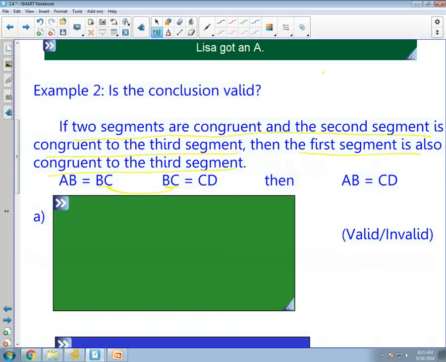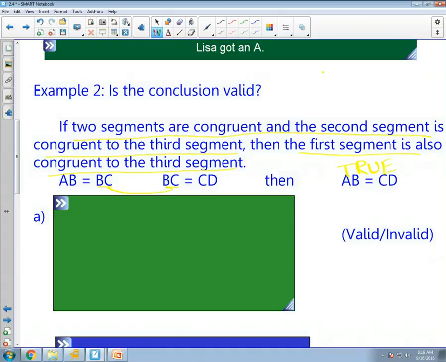Does that make sense? If this is 5 long and this is 5 long, well, BC is 5 long, CD is 5 long. Shouldn't these two 5s be equal? Yeah, that makes sense. So this is true. That's the first part of the law of detachment.